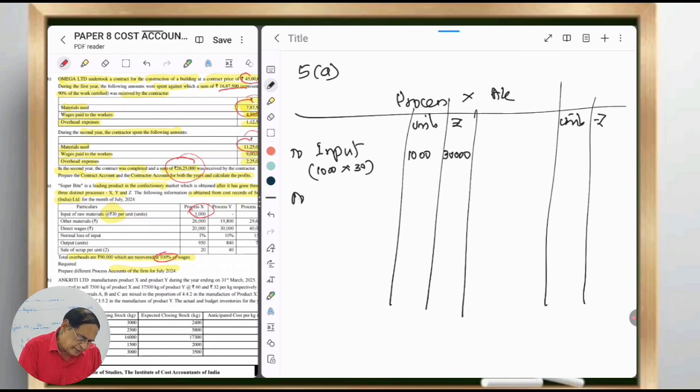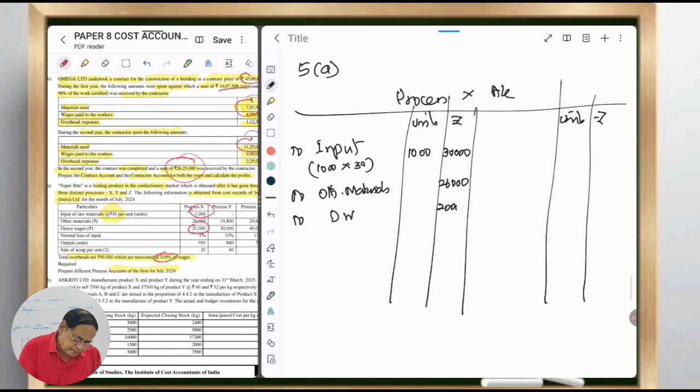And then other materials, how much? That is 26,000. And then direct wages, how much? That is 20,000. And then overheads, we have already seen, that is 100% of direct wages, that is 20,000.